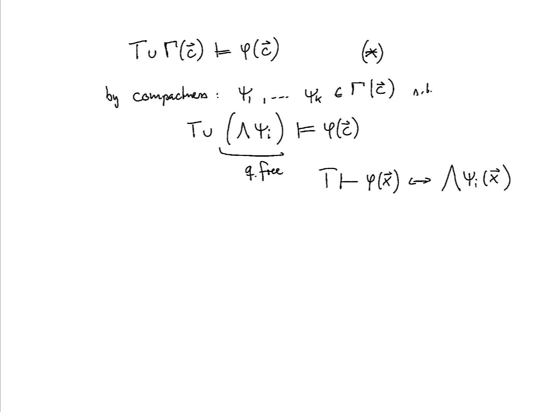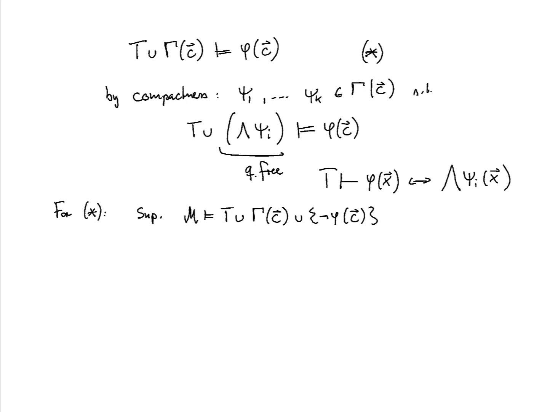To show star, in turn, you assume that it's not true, so then the set of formulas T union gamma of c union not phi of c has a model.